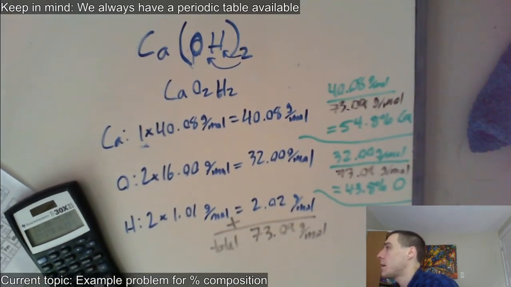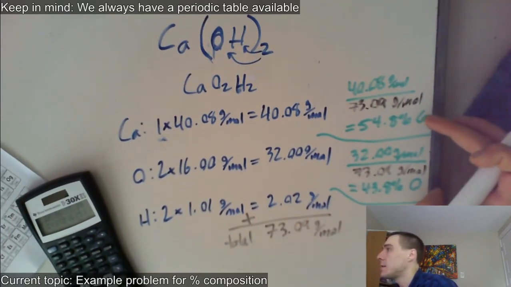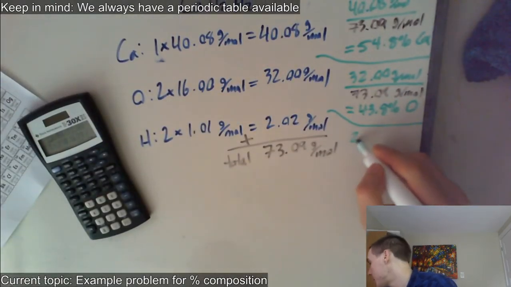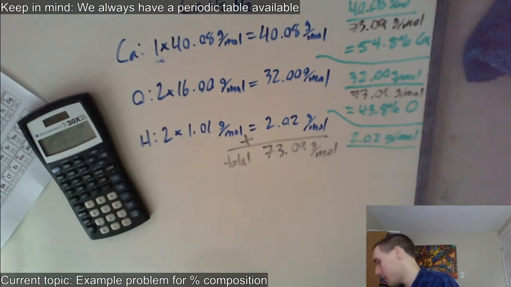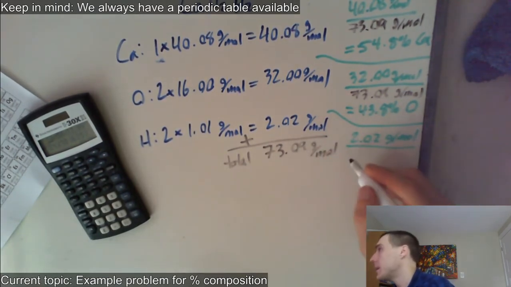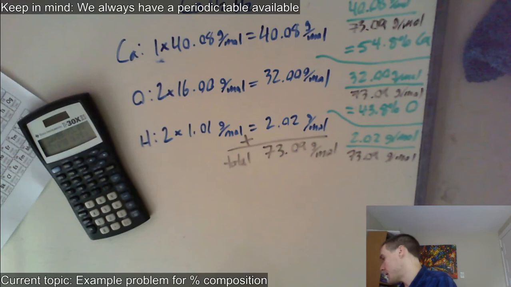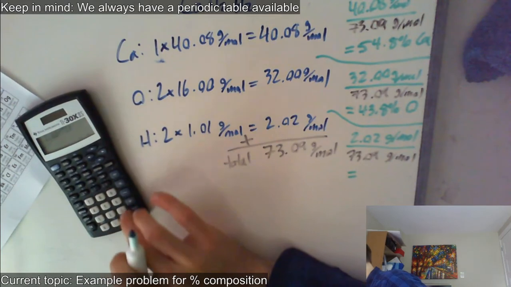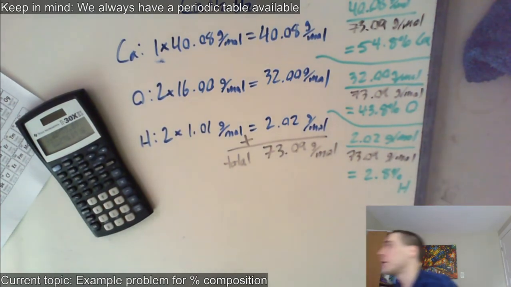43.8% oxygen. And then the hydrogen down here, you got two options. You can go 100 minus these two together, or you can just do the percentage of it, 2.02 grams per mole divided by the total, always the total, 73.09 grams per mole. 2.02 divided by 73.09 is 2.8% hydrogen.